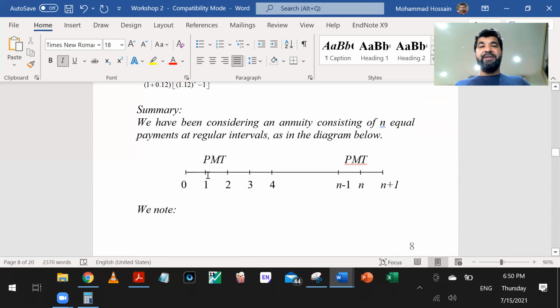The payment is not on month 1; the payment is on month 3.